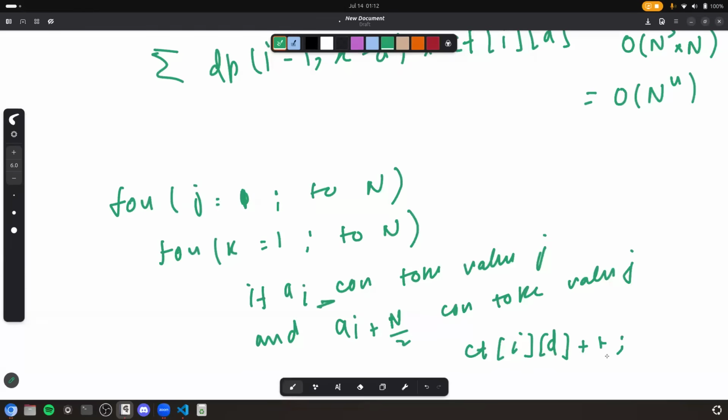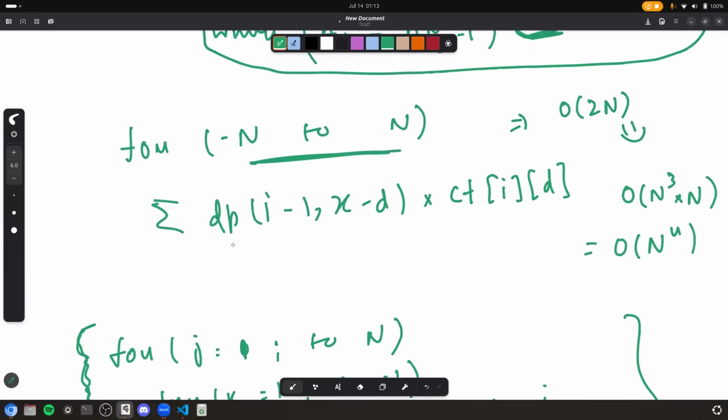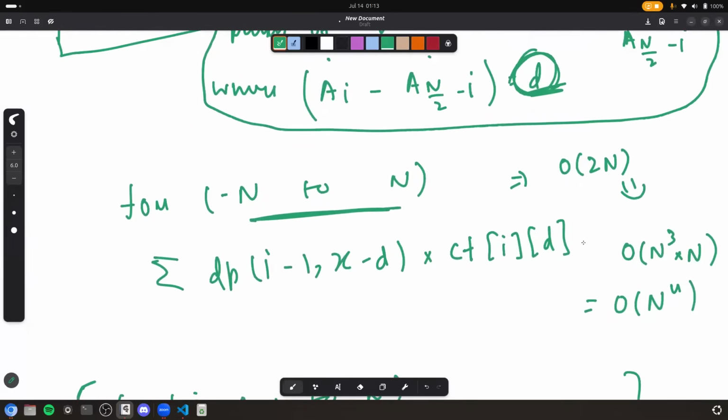That way I'll get the count of all, and I would not have to do this n square transition inside the DP. I can pre-calculate for each difference. And once I pre-calculate for each difference, I can calculate the DP like this.